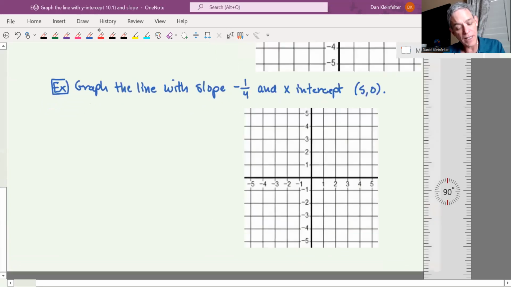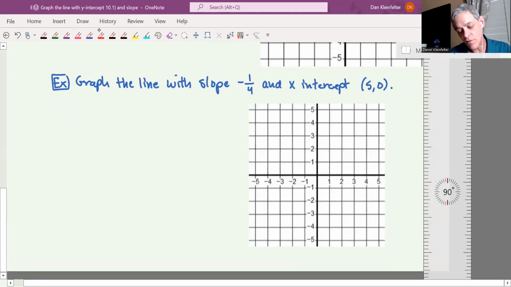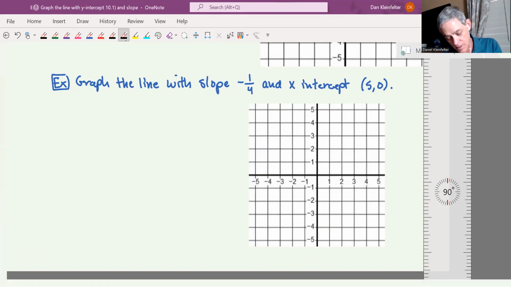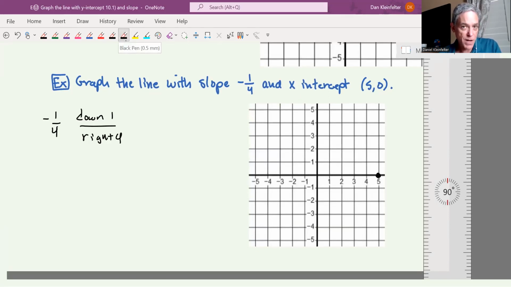We're going to graph the line that has a slope of -1/4 and an x-intercept of (5, 0). Okay, so there's the point (5, 0) right at the edge of my grid. Our slope is -1/4, so I could go down 1 and right 4. But taking a look at my picture, that would take me off my grid.